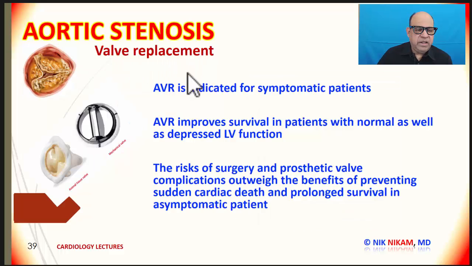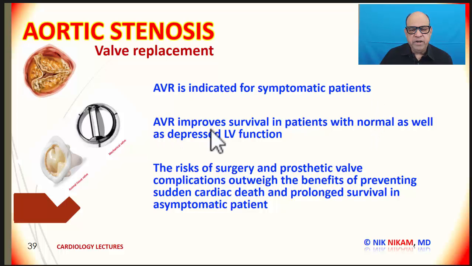Valve replacement: there are two types of valves that are currently available to be used in the aortic valve position, namely the animal tissue based or bioprosthetic valve. Then we have the mechanical valves which use tilting discs. Aortic valve replacement is indicated, as we said, in symptomatic patients with critical aortic stenosis.